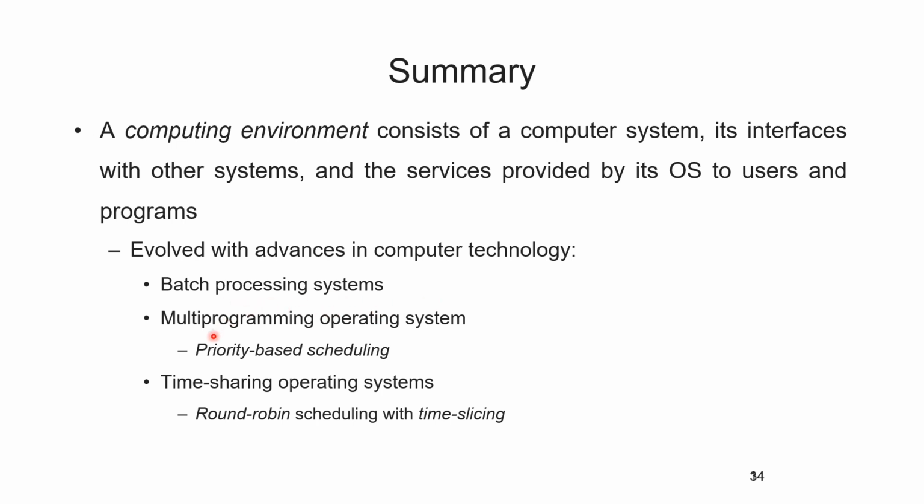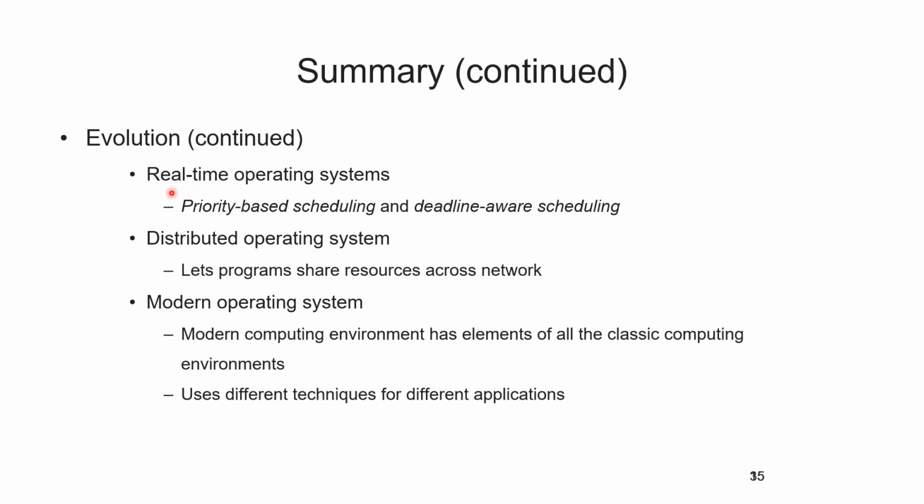In multiprogramming, priority based scheduling is used, and the main motivation is increasing resource efficiency. In a time sharing operating system, we use the concepts of round robin scheduling and time slicing. Similarly, in a real-time operating system, we use priority based scheduling and deadline aware scheduling.